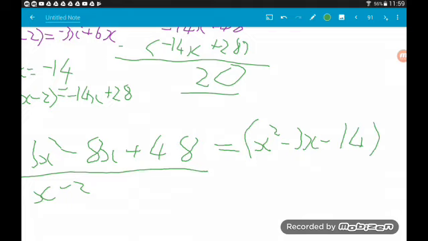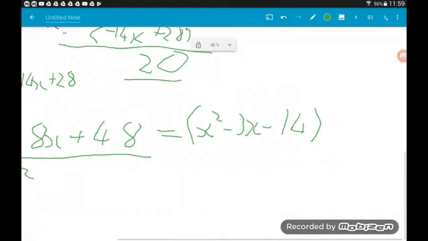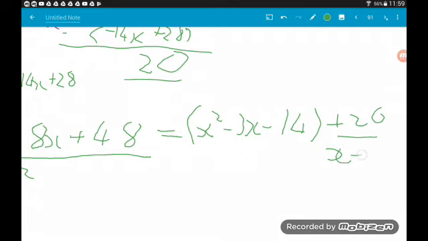And then the remainder was 20 over x minus 2.